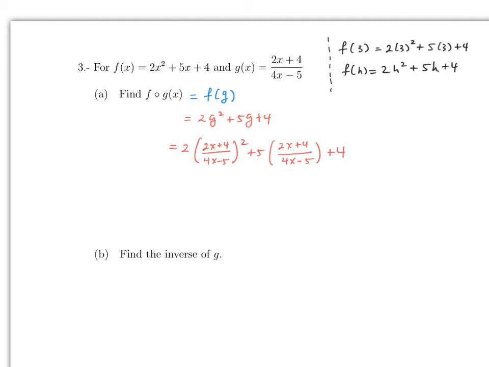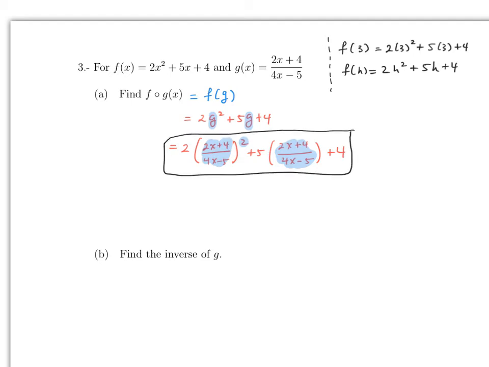And there is no need to simplify anymore. So therefore this is 2g squared plus 5g plus 4 again, and you can just leave the answer like this. Okay, so once you get to this point, you're done for this problem.